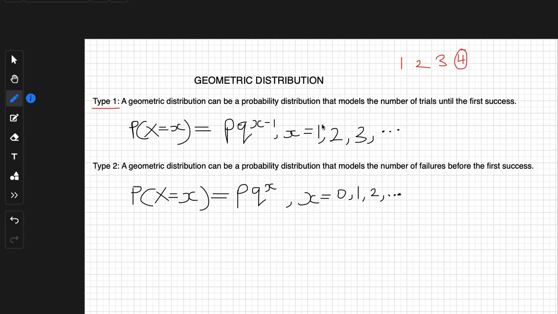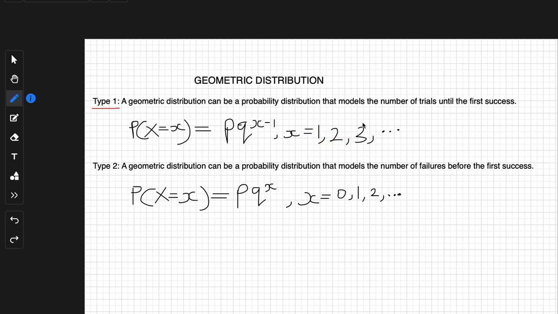That's why you see 1, 2, 3, and because we do not know how many times we'll perform the experiment before we get success, that's why we continue till infinity. So not necessarily till infinity, but as a general case, the number of trials may be larger than you may imagine. Success may be obtained the first time, the second time, or the third time.